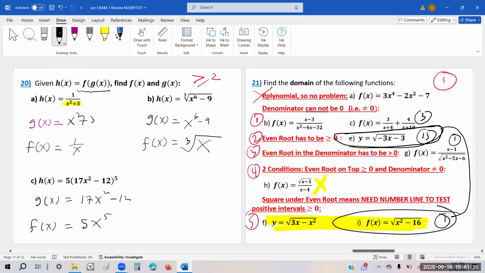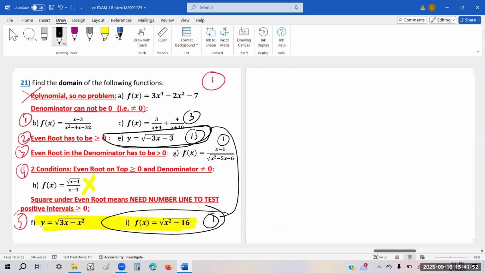And lastly, the last question. So I'm going to give both the last one and this one. Let me do the last one, because if you know how to do the last one, this one is easy. So we have f of x equals x squared minus 16.